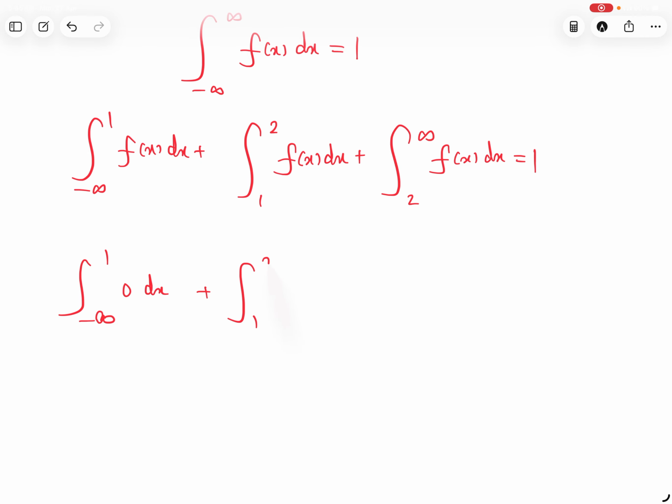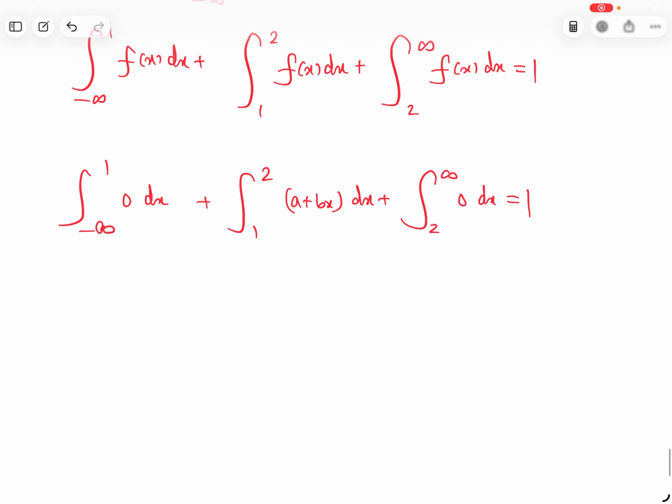From 1 to 2, what is this? A plus bx dx, and 2 to infinity 0 dx, is equal to 1. So this part is 0. And what is the integral of this? Ax plus bx square by 2, from 1 to 2, and this part is also 0.